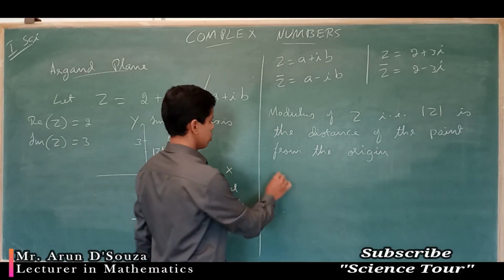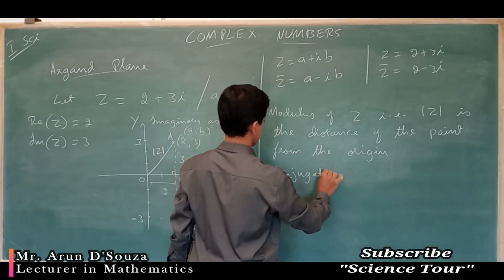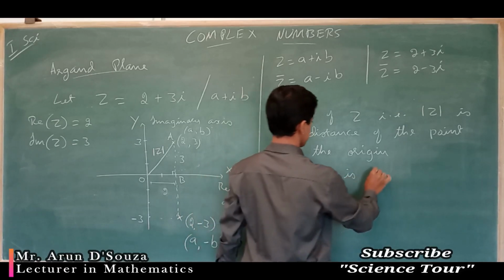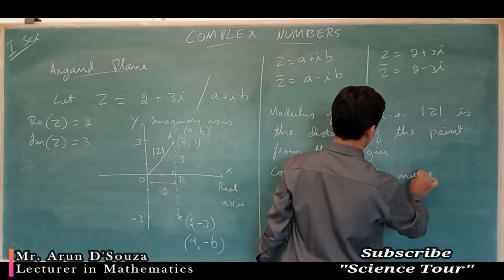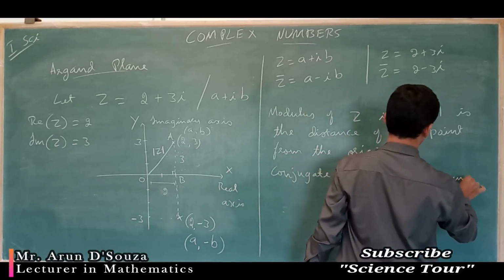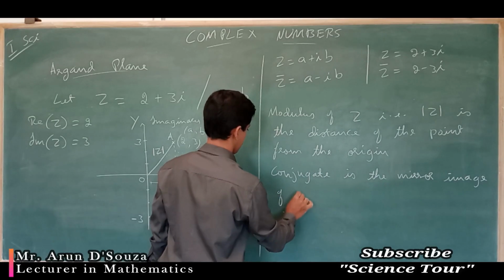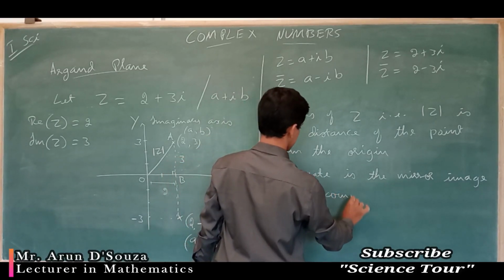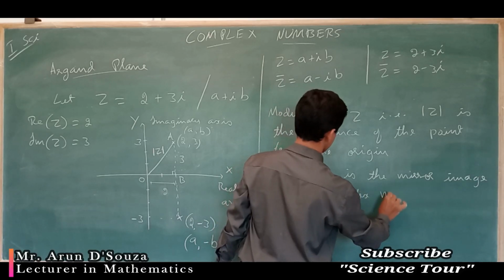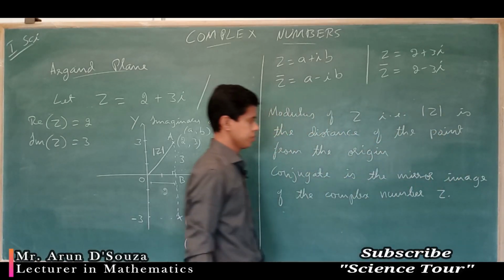Then what is the conjugate? Conjugate is the mirror image of the complex number z.